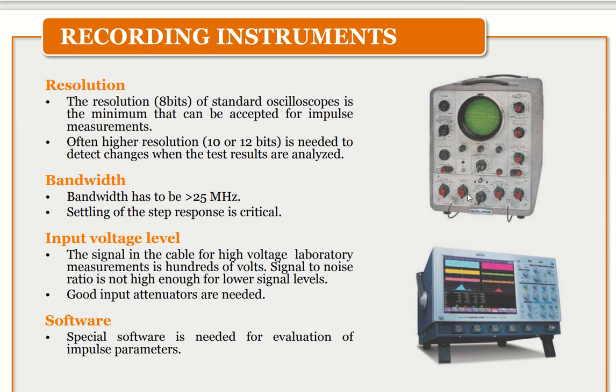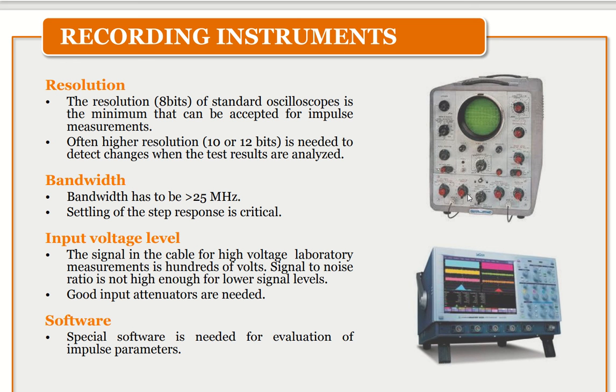Okay, so the 8-bit resolution of a standard oscilloscope is the minimum that can be accepted for impulse measurement. Often a higher resolution of 10 or 12 bits is needed to detect change when the test results are analyzed. That's why if you have a low resolution, you cannot capture the accurate signal.